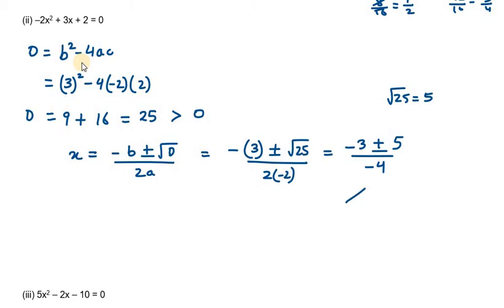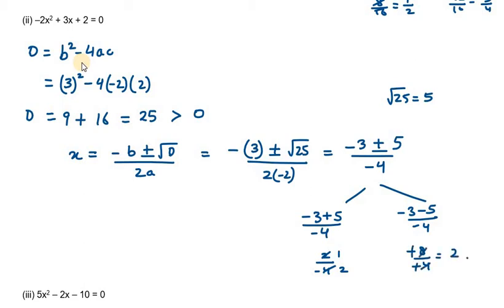So from this we get two values, that is minus 3 plus 5 over minus 4, and minus 3 minus 5 over minus 4. So we get 2 over minus 4 as minus 1 over 2 and minus 8 over minus 4, it will be positive 2. So you get two values, that is minus half and 2.